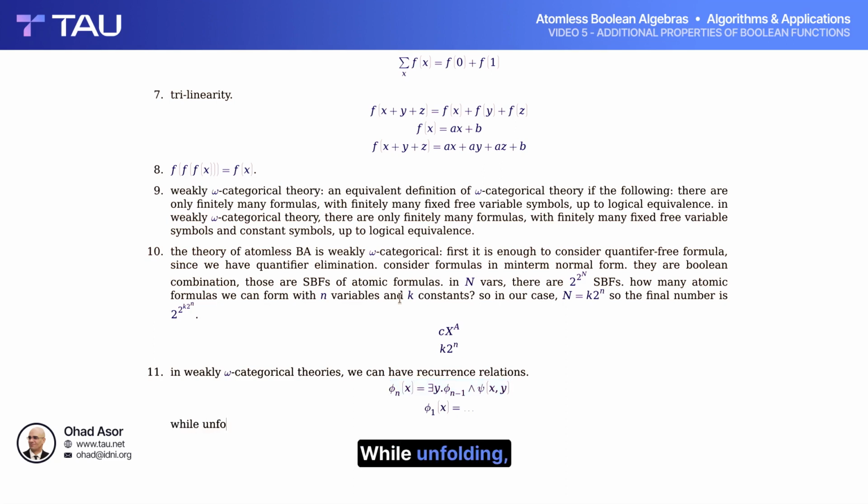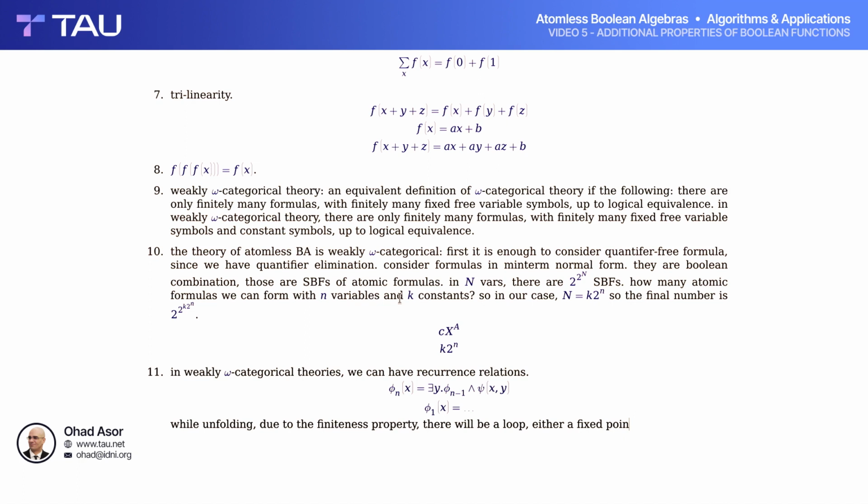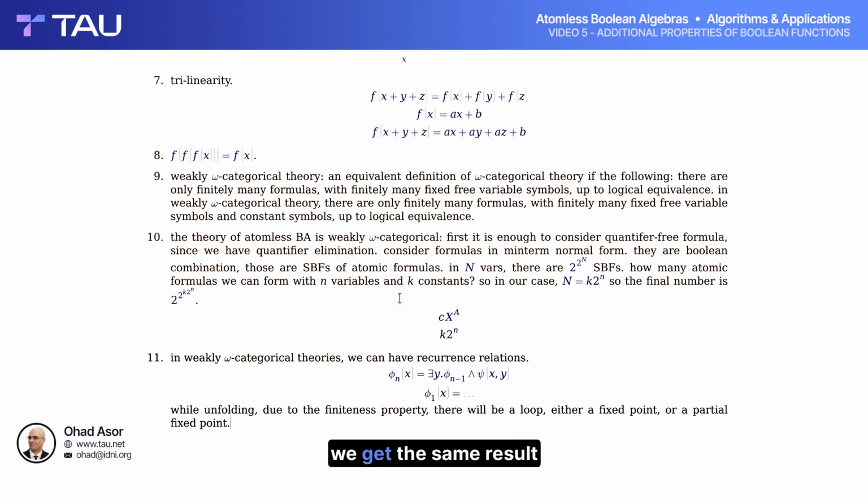While unfolding, due to the finiteness property, there will be a loop, either a fixed point or a partial fixed point. In a fixed point, we get the same result for n and n plus 1. In a partial fixed point, the distance between the equivalent formulas is not 1.